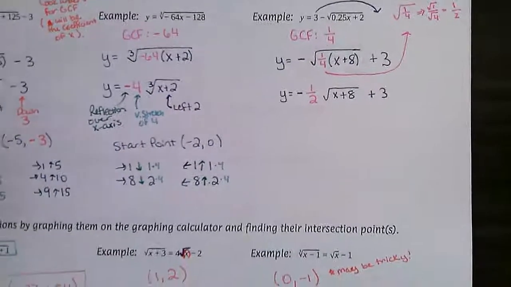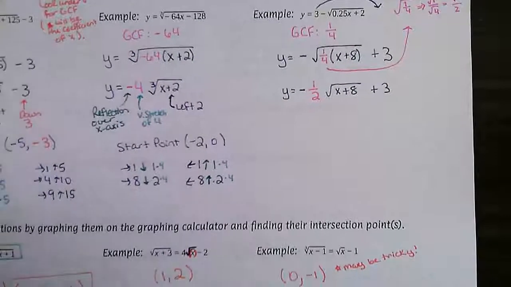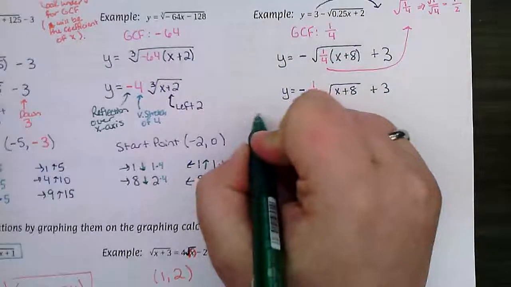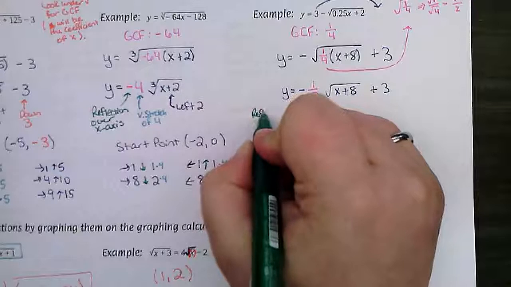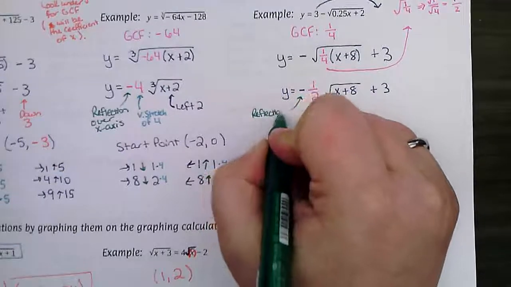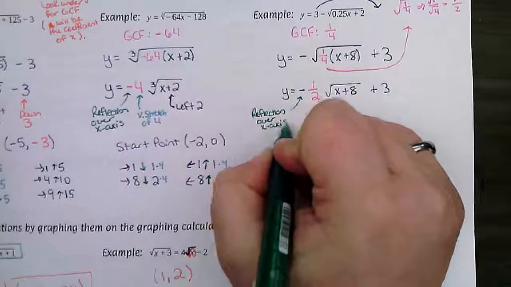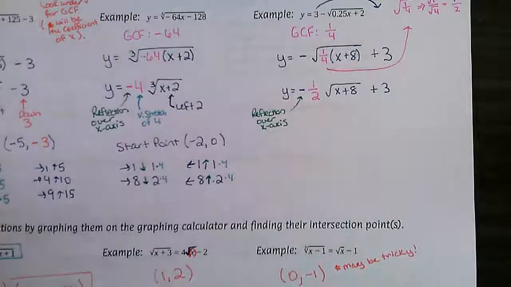Now I see 4 transformations. I want you to pause the video and see if you can get all 4. Hopefully you recognize by now that a negative out here is a reflection over the x-axis. This 1/2 is a vertical stretch or a compression.